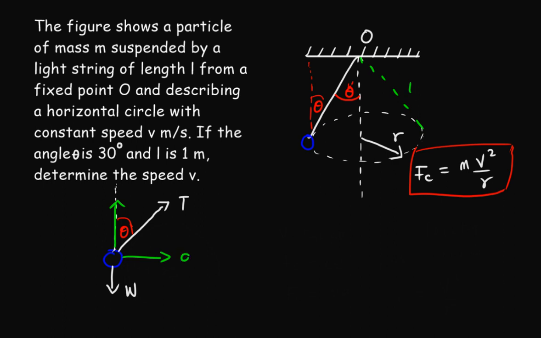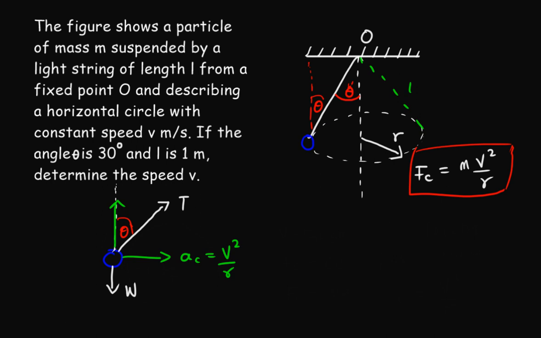So I'm going to have the acceleration here, and then we know centripetal acceleration to be equal to what? V squared over R. So this will be the direction of the acceleration, because the particle is moving in a horizontal circular path. It will be in the direction of the force.